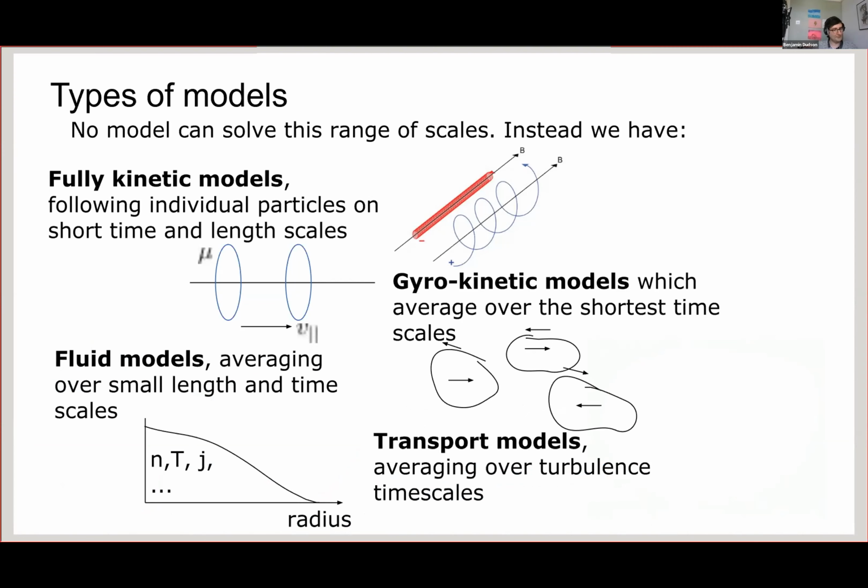And these can be used in some cases to study the turbulence. These are supposed to be individual eddies here on the right, so the crude picture. Reducing even further, we can make some approximations as to what the turbulence looks like. If it's a diffusive process, for example, then we can assume some kind of diffusion coefficient, and you can average over those turbulence timescales. And these we might call a transport model.